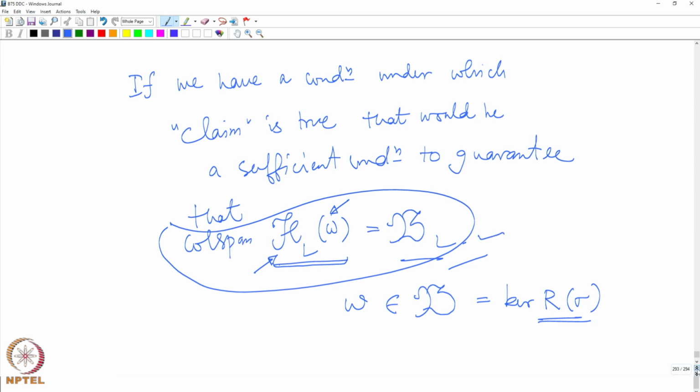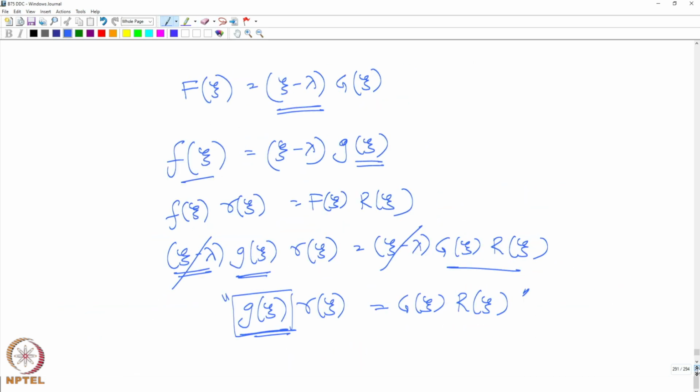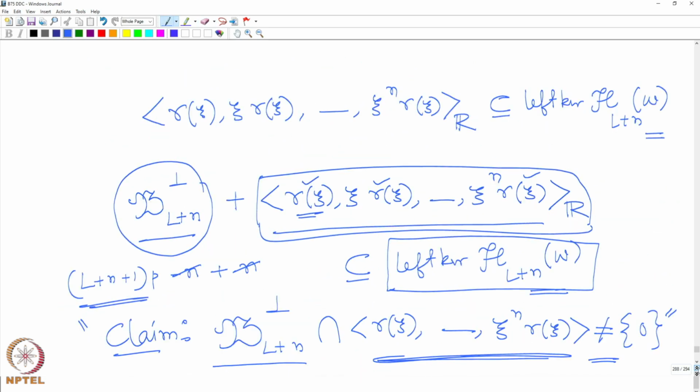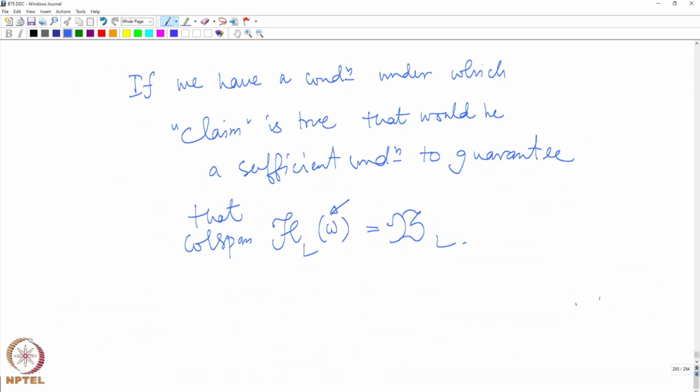If you remember, in our attempt to get these conditions, let me go back to the previous slides so that we can have a relook at the conditions. First we assume that suppose this is not true.